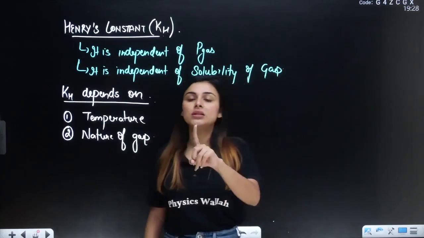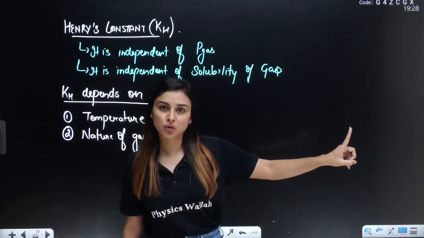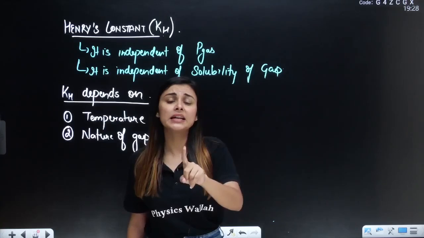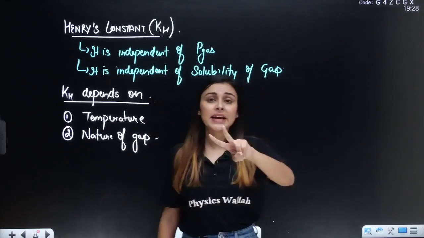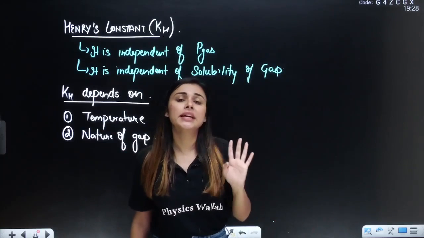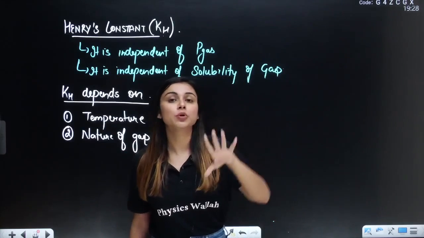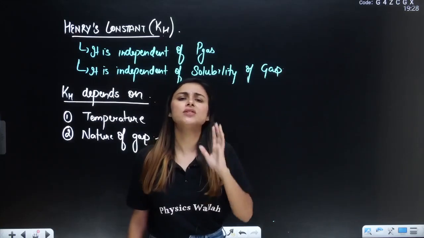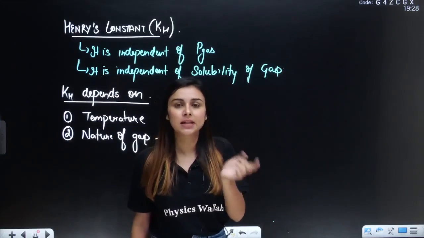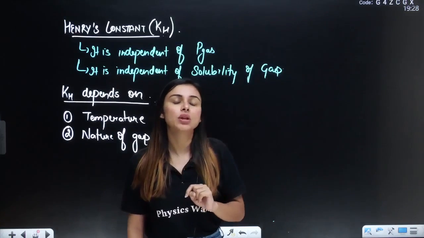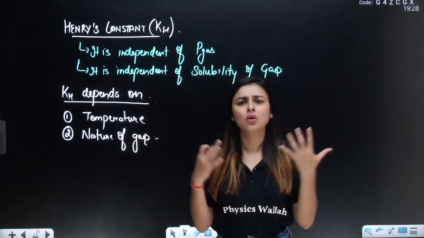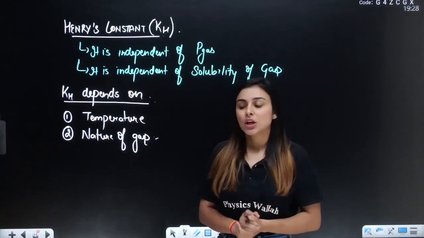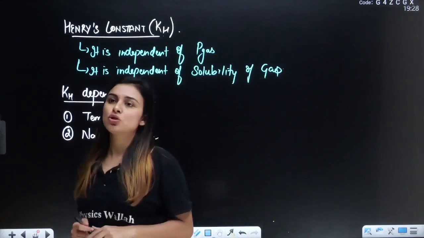So Henry's constant is different for different gases, which means it depends on the nature of the gas. Understood? Second, at a particular temperature, KH value will be constant for that particular gas. If you increase the temperature, KH value for that gas will increase, which means KH depends on the temperature of the whole setup. Perfect. So KH actually depends on these two factors.